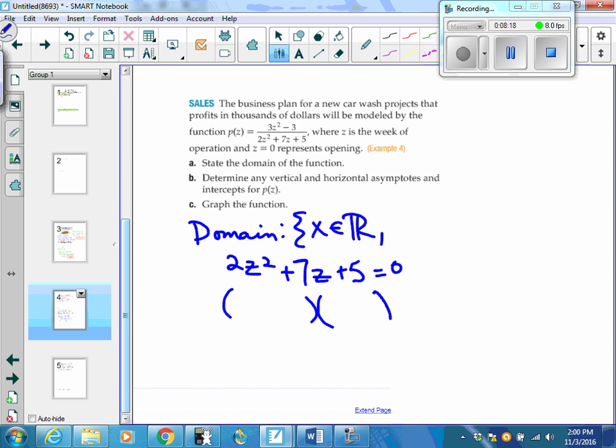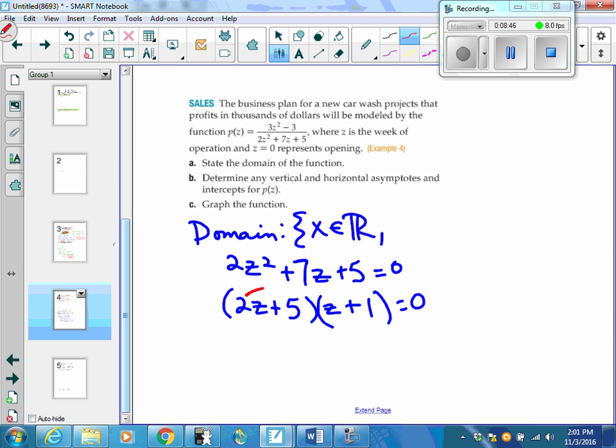You can either factor this or you can use the quadratic formula. I'm going to attempt to factor here. And so I need factors of 5 that could potentially give me 7. I'm going to have 1 here and a 5 here.